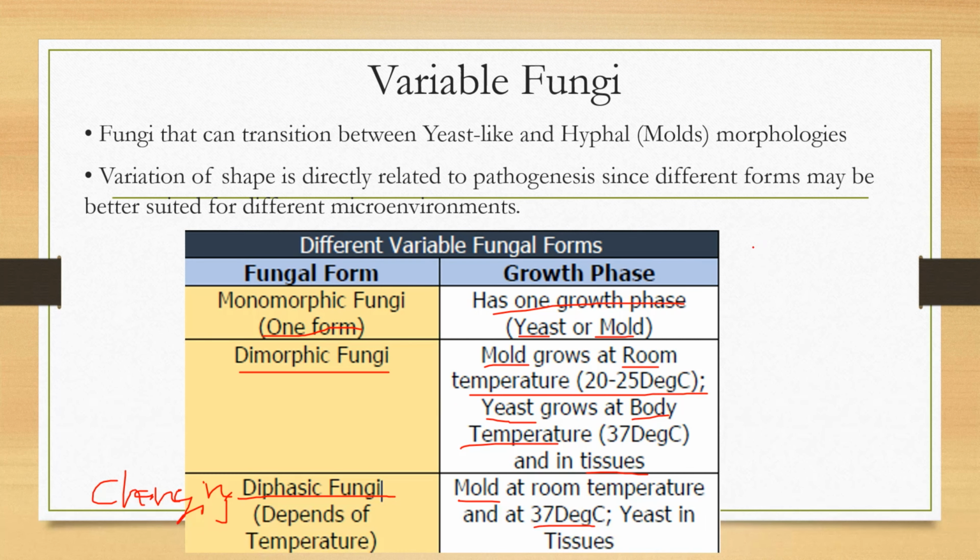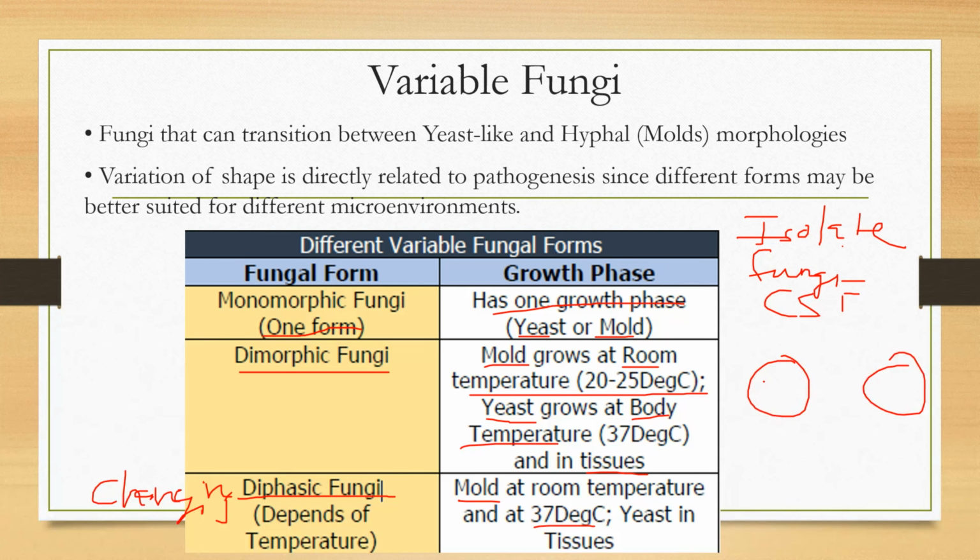So let me give you an example here in the laboratory. Let's say you isolated fungi from your CSF. Now you put them on two plates. One plate would go to the incubator, 37 degrees, right, when it's an incubator. One plate would go to a room cabinet.